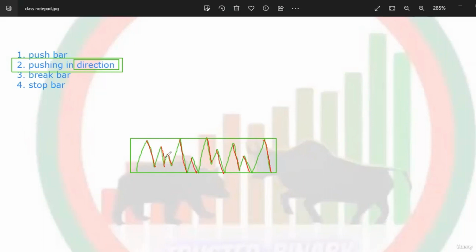Sometimes buyers are entering, sometimes sellers are entering. That's why we definitely have to avoid this type of consolidation area, ranging area or sideways situation, when buyers and sellers are equally powerful, they fight with each other, but there is no perfect market direction here.